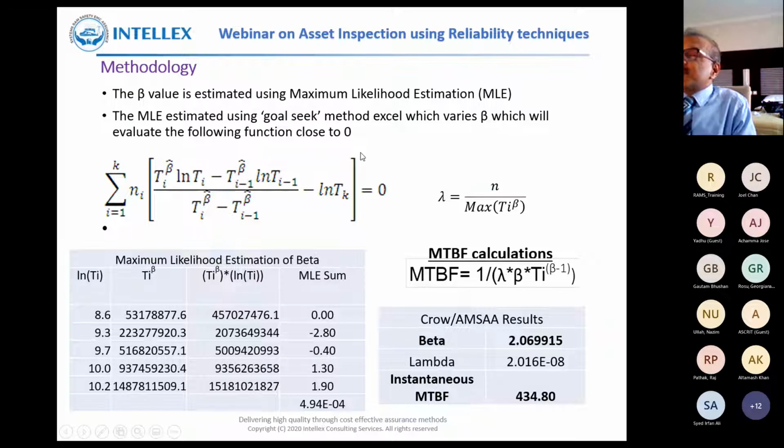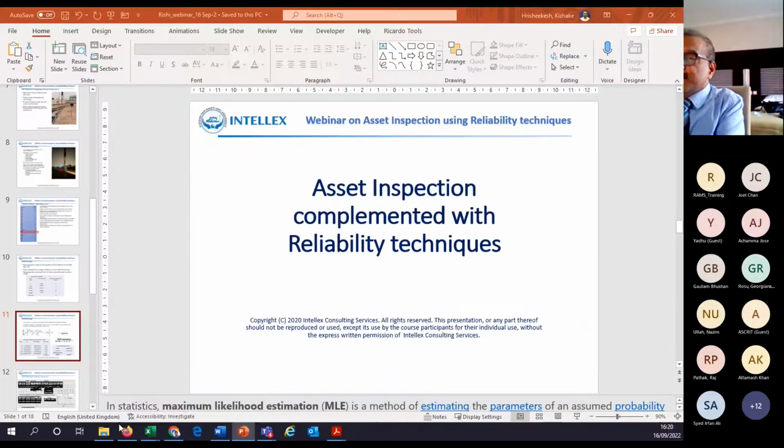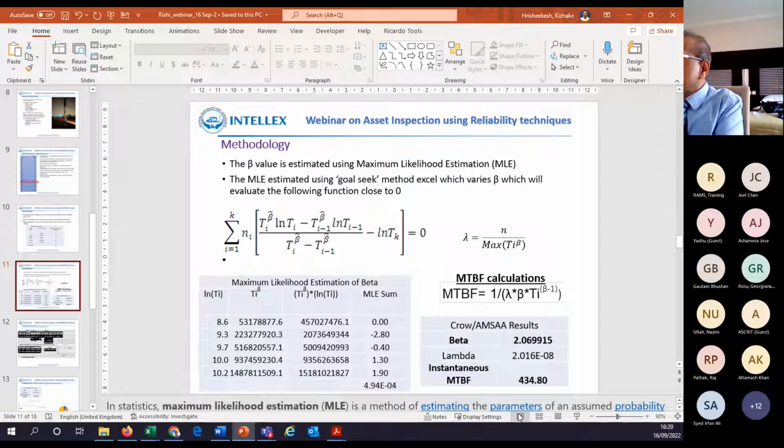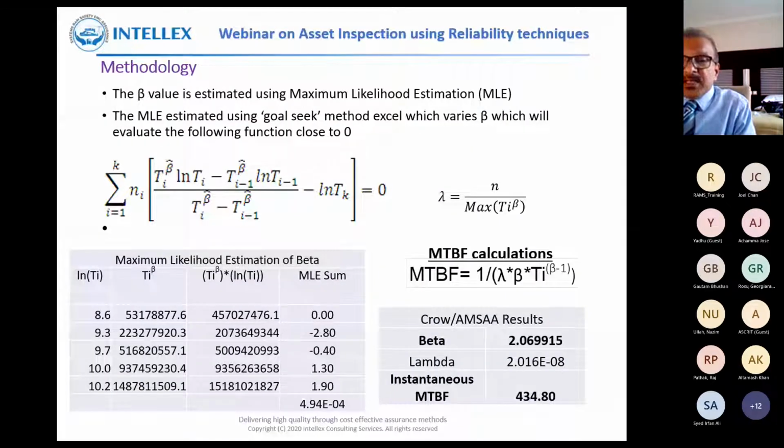Then there is something called maximum likelihood estimation. I'll give a bit of background on it. It's a method of estimating the parameters for an assumed probability distribution, which in simple words means we can say which are the best parameters or coefficients for my model.